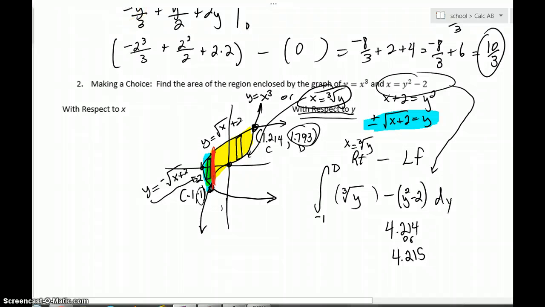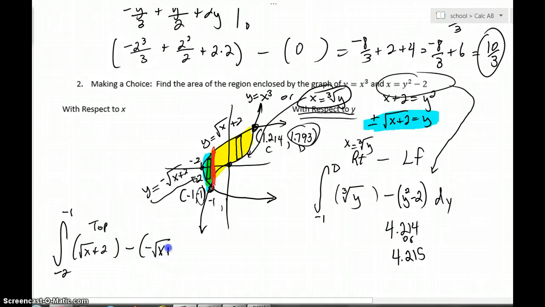And let me show you very quickly what that would look like. To the left of this red line, we'd be integrating from -2 all the way up to -1. X equals -1. Top minus bottom. Well, you'd have radical x plus 2. That's your top. What about your bottom? We're going to have the negative radical x plus 2.